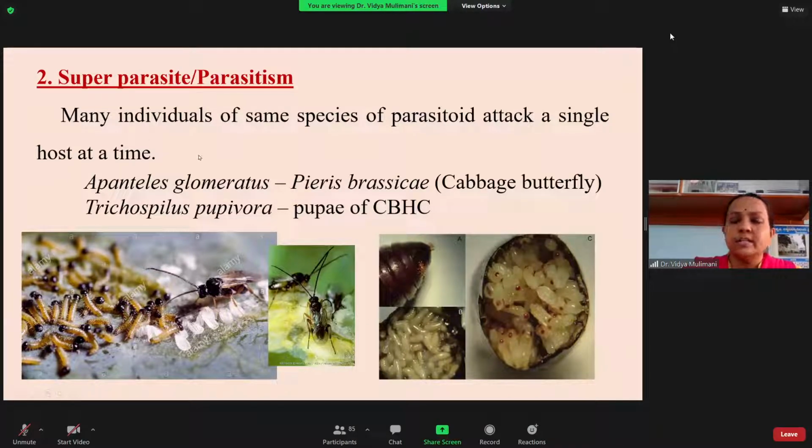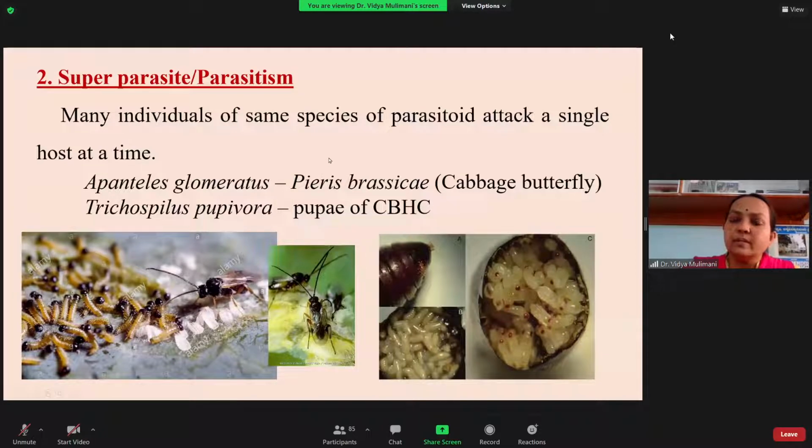Try to remember, 'S' means the same species. Many females of the same species attack a single larva at a time, or with a gap of 1 or 2 hours, but they attack the same host. That is called superparasitism.